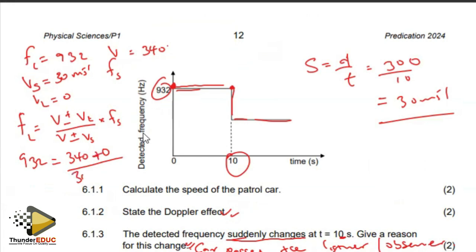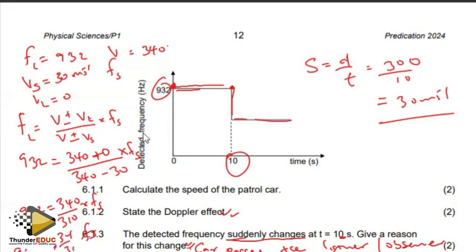Then this is going to be 340 minus the 30 times the Fs. 932 is equal to 340 over 310 times Fs. So 340 divided by 310 gives me a fraction, 34 over 31.